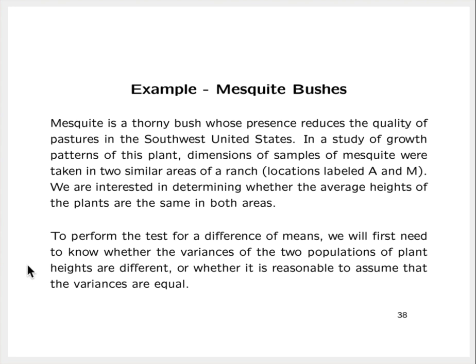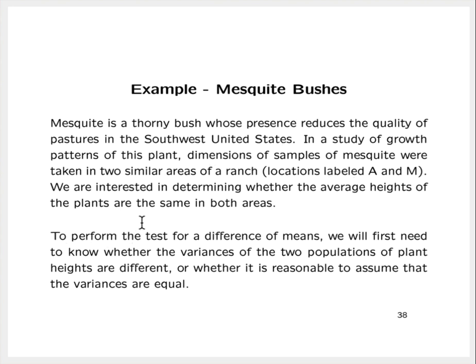To perform the test for a difference of means, let me just back up a second. Ultimately, what we're interested in is comparing the means, the average heights of the plants in the two areas. But in order to know how to proceed and actually perform that test, we need to determine what's reasonable to assume about the population variances of those two areas on the ranch.